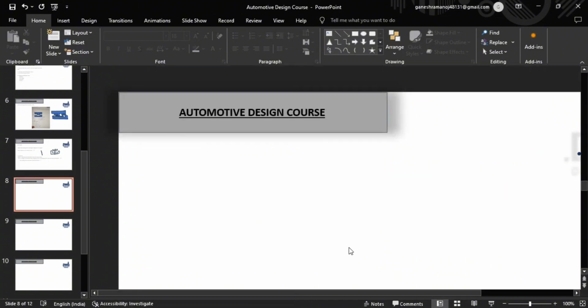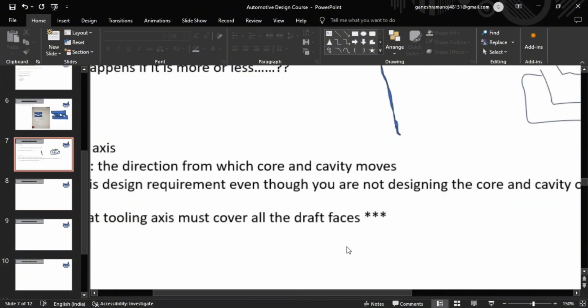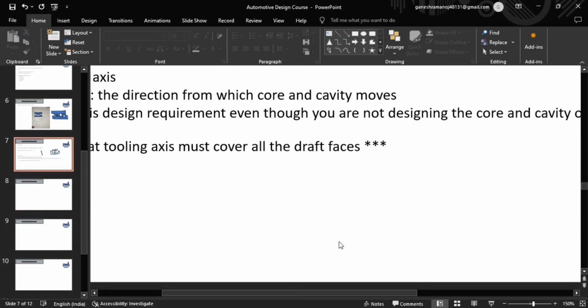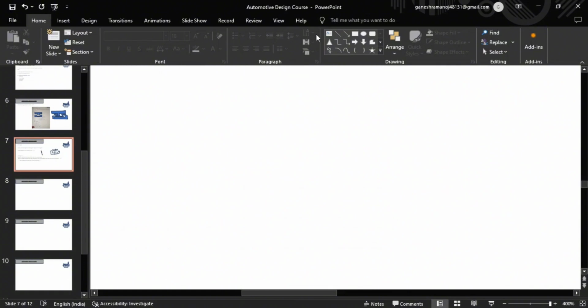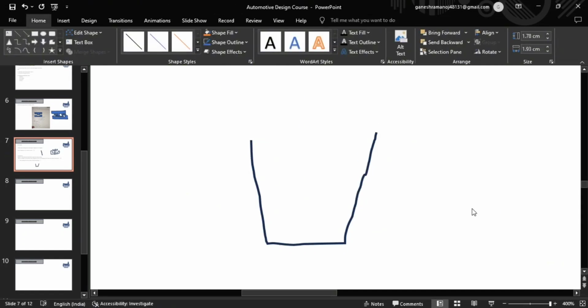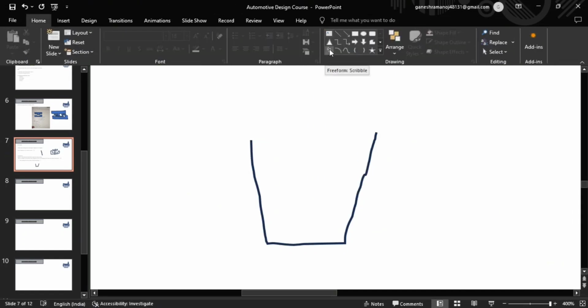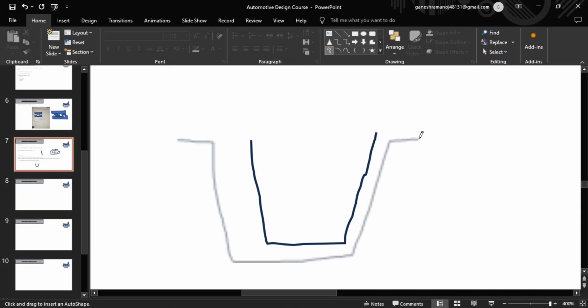I will try to make one part. This is one of my plastic parts, and I want to make it. Obviously I require one core; this is my core and this will be my cavity.